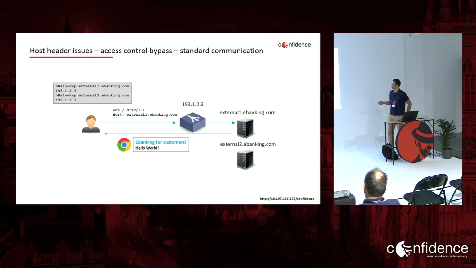In that case, when the user wants to reach the external ebanking.com, the request will be intercepted by some proxy or load balancer, and the load balancer will send that request to this server, right? And then the server obviously will return some web page, right?